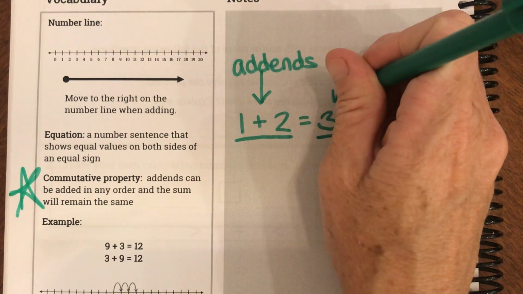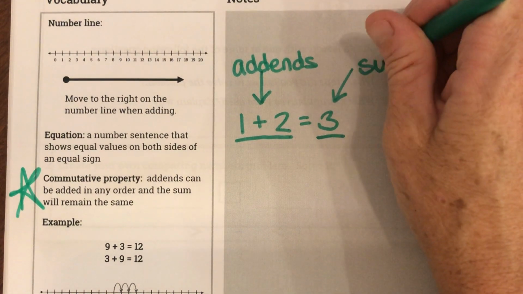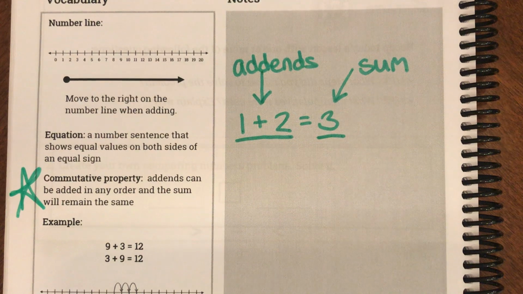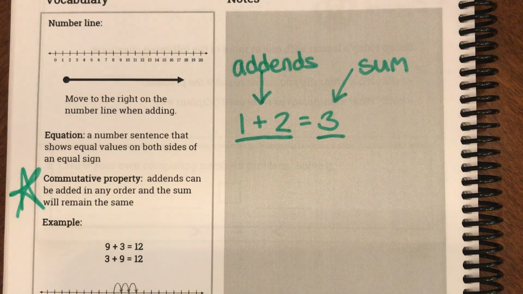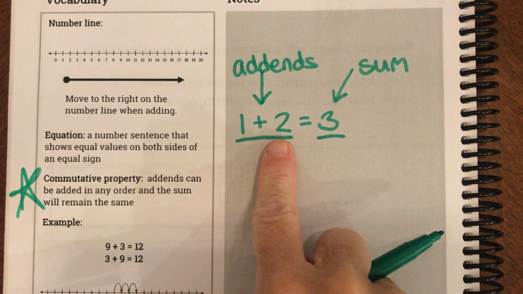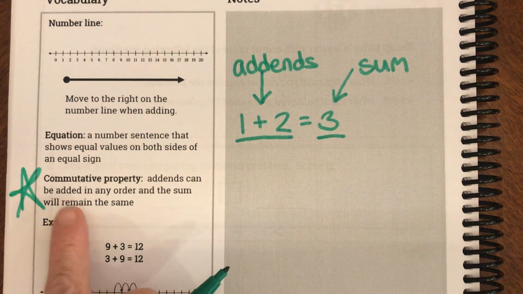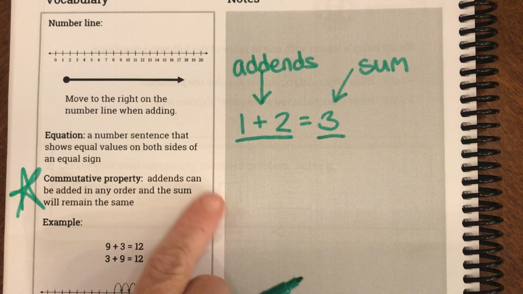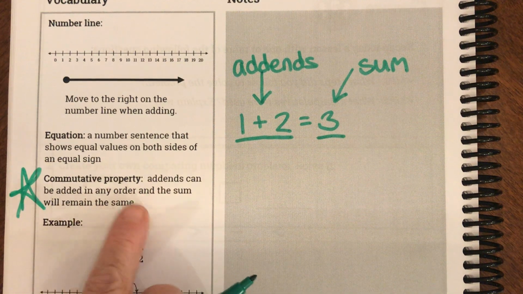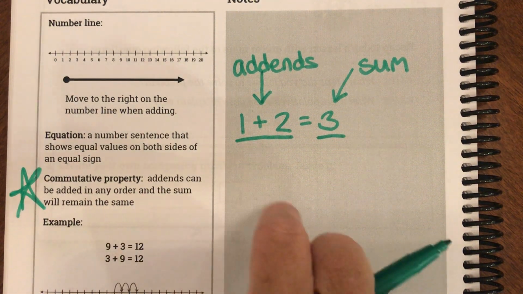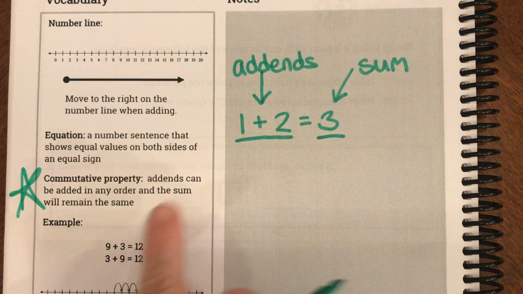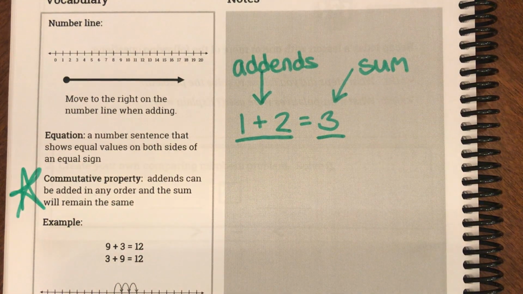Your answer is called your sum. So your addends are the numbers we're adding together, and then your answer is called your sum. The commutative property says that the addends can be added in any order and the sum will remain the same. They gave us an example, but we're going to write another example too.